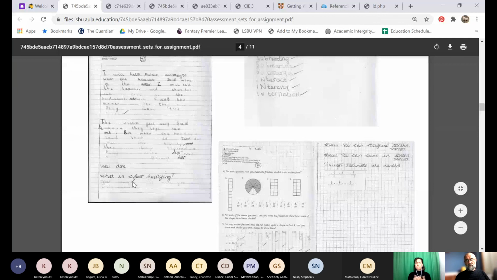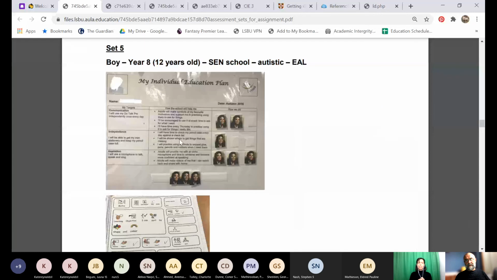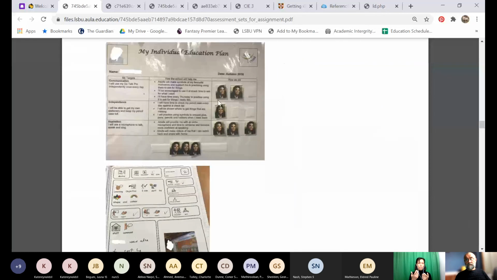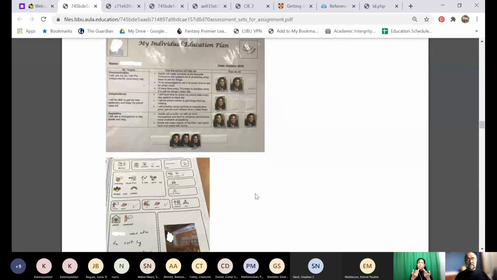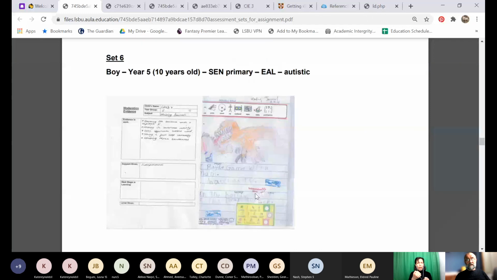You've got some examples of assessment used to support a pupil in a special educational needs school. Some Michael Jackson stickers there. There's a boy, also an autistic boy in year 5. We've got, you could choose this one, a boy in year 11.